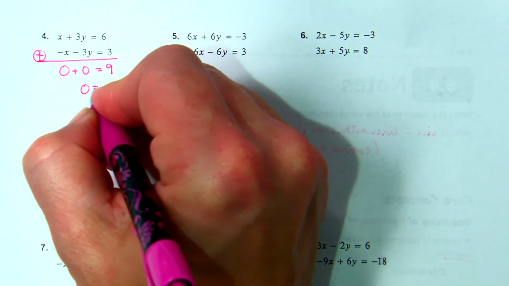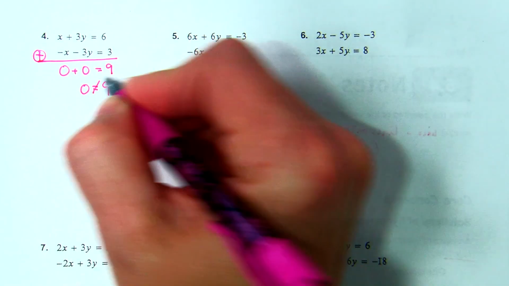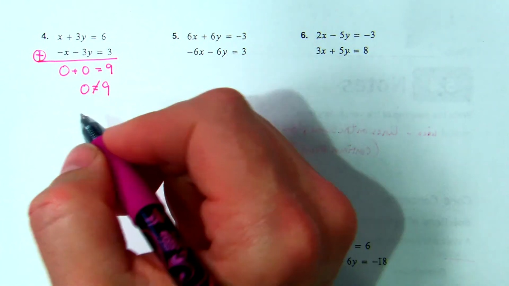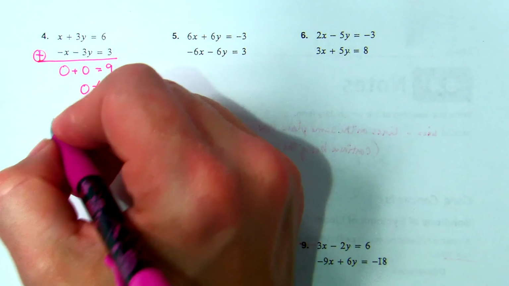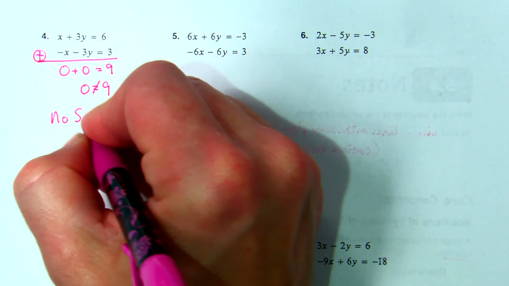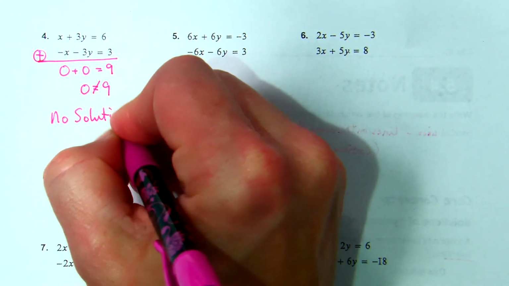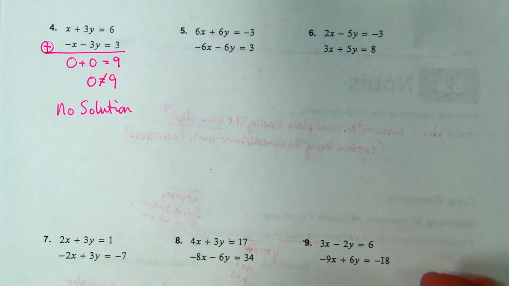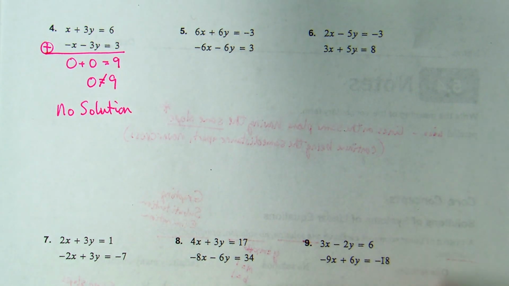So 0 is going to equal 9. Is that true? No. So because I have an inequality here, or two values that are not equal to each other, I'm going to have no solution. My two x and y terms have gone away, and I'm left with two constants that do not equal each other.